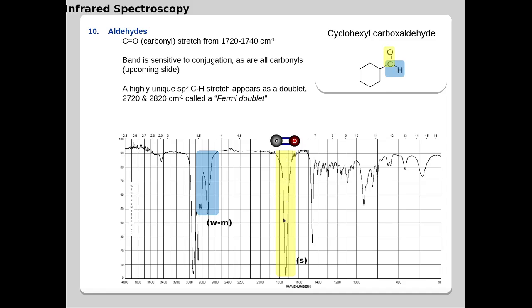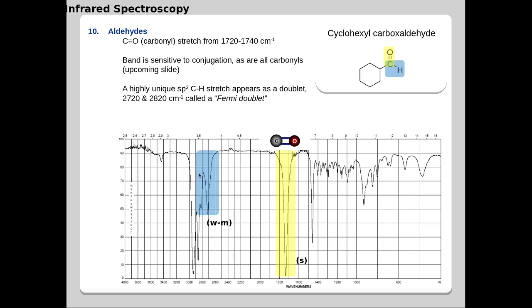It is strong because carbon and oxygen differ in electronegativity, so there is a dipole moment in the carbonyl functional group which changes significantly when it vibrates. The band at around 2700 cm⁻¹ is due to the stretching vibration of the carbon-hydrogen bond.